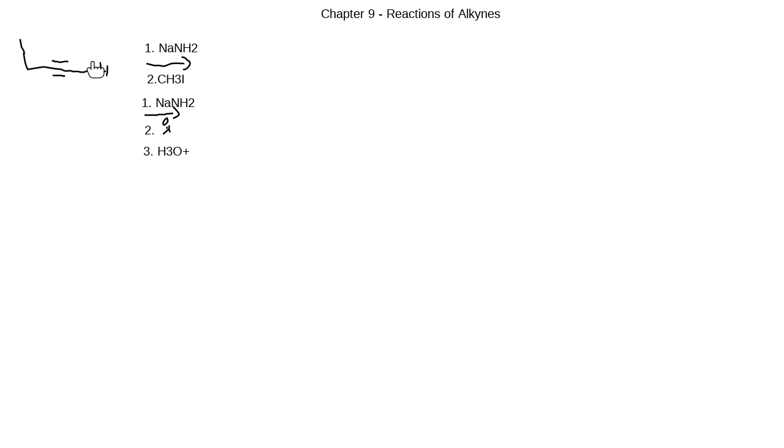So it's going to remove this hydrogen from this triple bond, and that's actually very good because this is a very acidic proton, so it's going to want to donate to a good base like sodium amide. So once we have a negative charge here, that negative charge is going to act as a nucleophile and attack this electrophile.